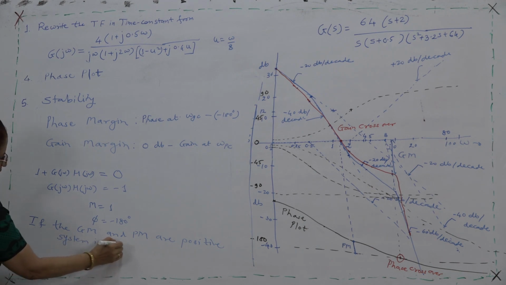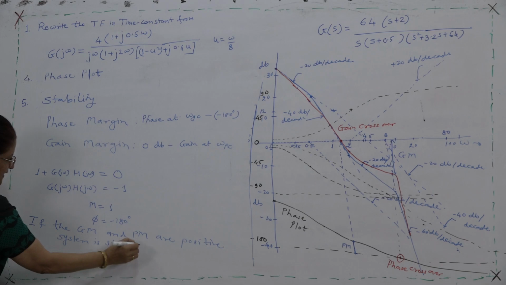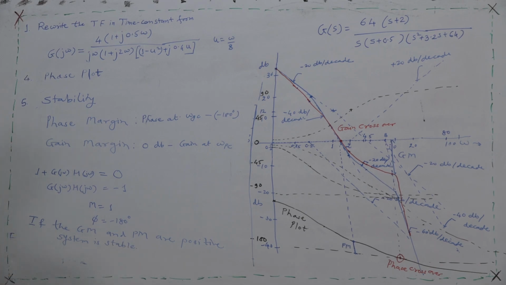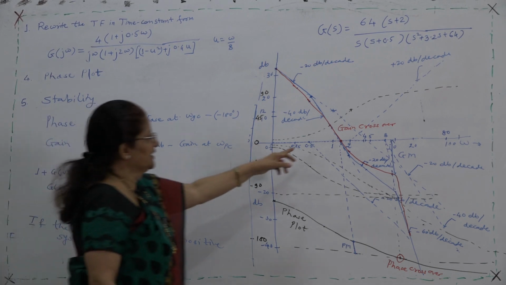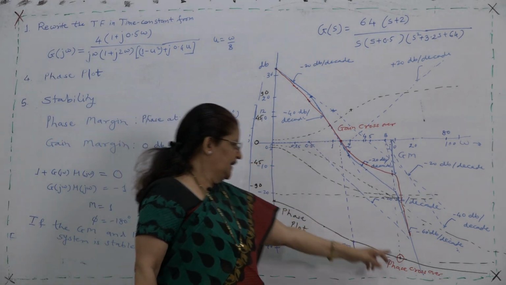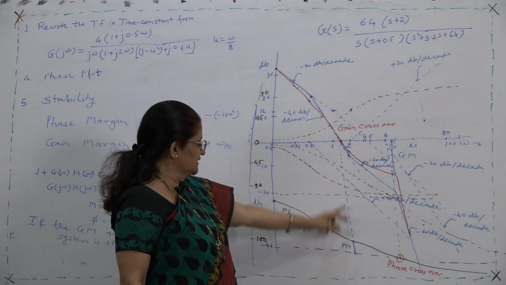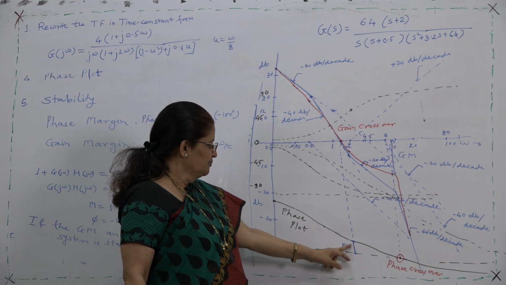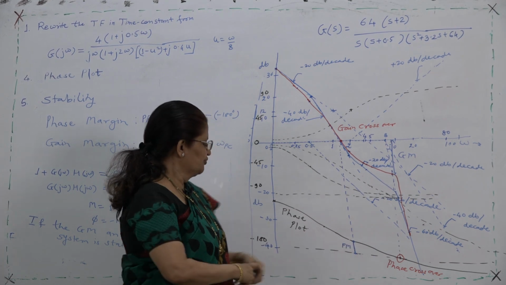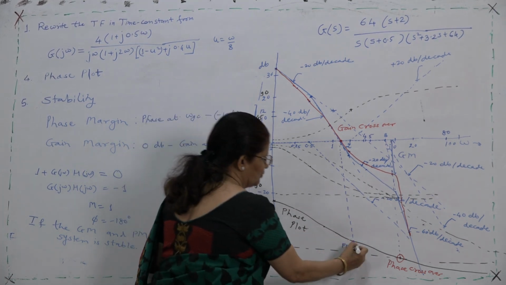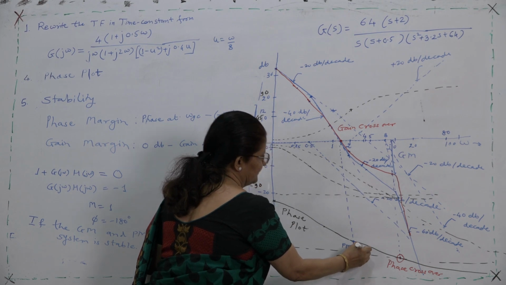System is stable. So, we are applying here the Nyquist stability criteria, and the point which is of importance is magnitude 1 and phase minus 180. So, these frequencies are first calculated, that is called the gain crossover frequency and phase crossover frequency. Whatever is the phase at the gain crossover frequency minus 180, whatever you are getting, this is the positive phase margin.